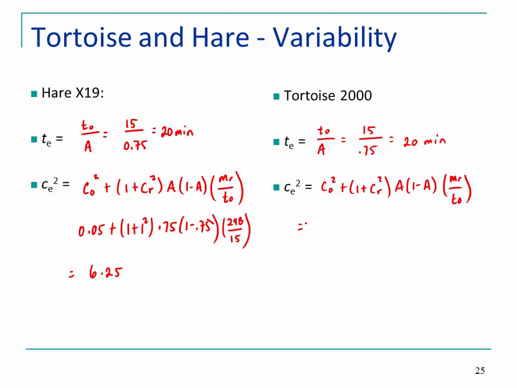So in this case, we have 0.05 plus (1 plus 1 squared) times 0.75 times (1 minus 0.75) times 38 divided by 15. And this is equal to 1.